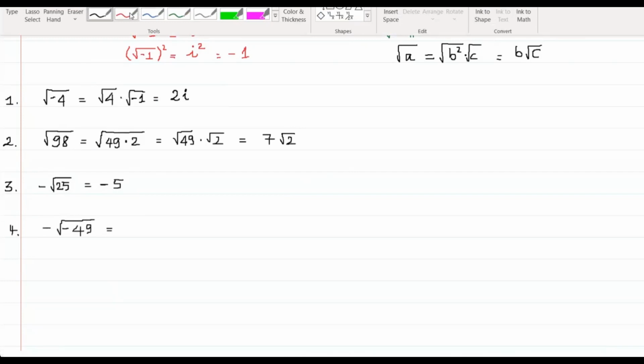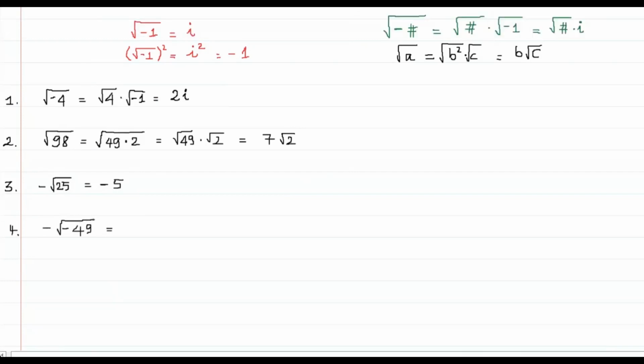Now we have to notice that the negative outside of the square root still stays there. So for this negative, we keep it.